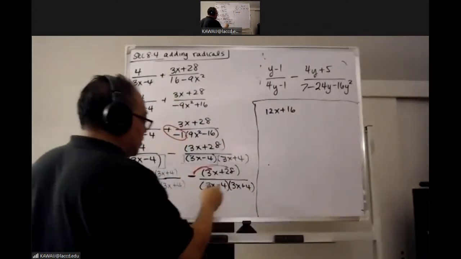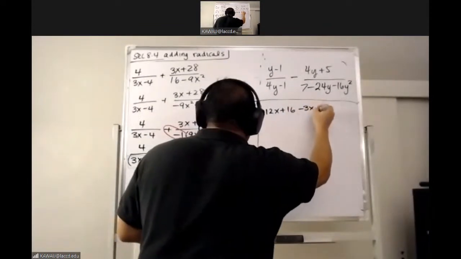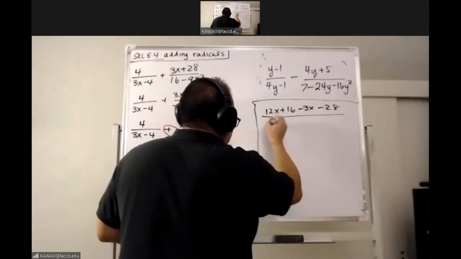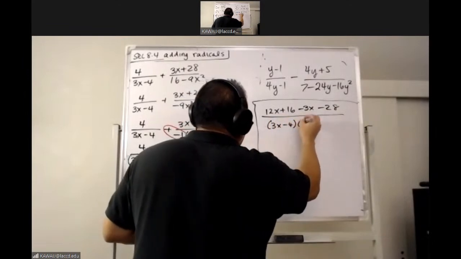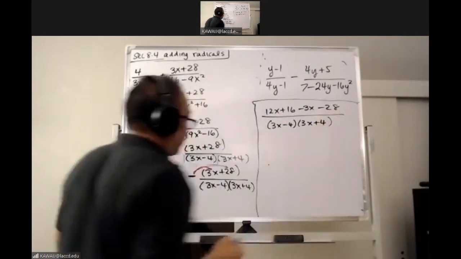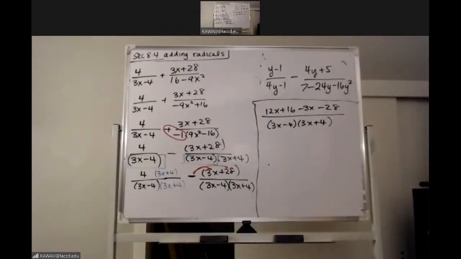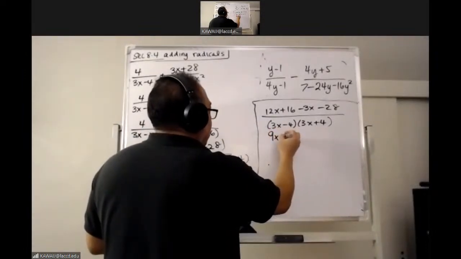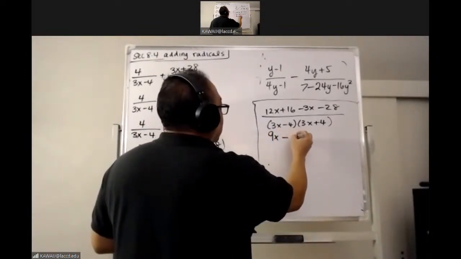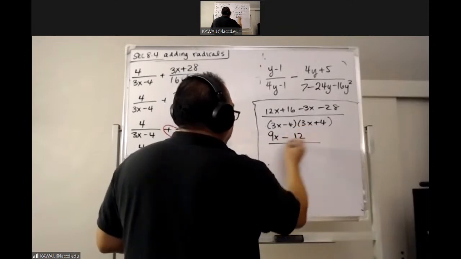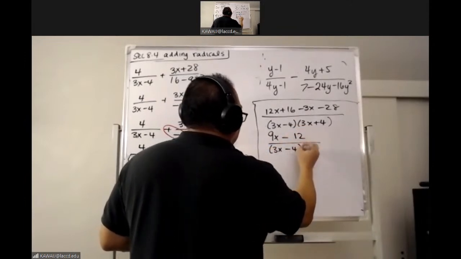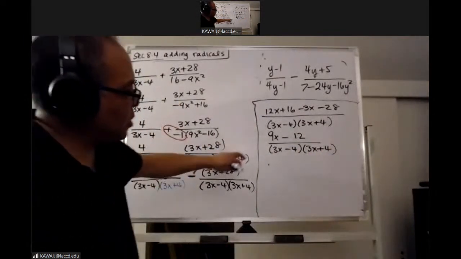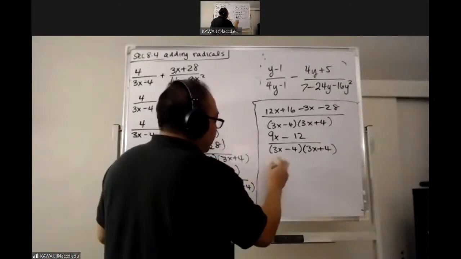And on the bottom, I should get minus 3x minus 28 over. And then let's combine like terms on top. I get 9x minus 12 over, and I might be able to simplify it. So I'm going to try pulling out a 3 for my GCF.